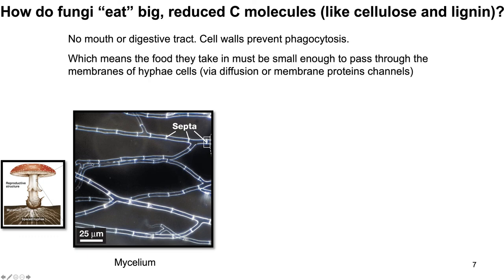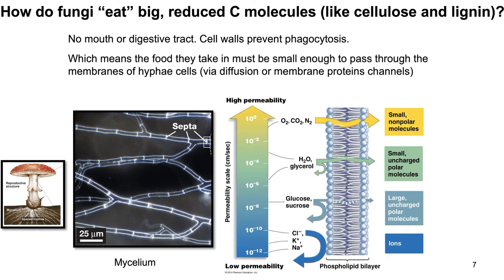It's like a system of pipes, okay? And because they don't have a mouth or digestive tract and they have these cell walls, it means the food that they take in has to be small enough to pass through the membranes of these hyphae cells. And they have to do that either through diffusion, or they have to use protein channels that are embedded in the membranes that allow larger things to pass, okay?